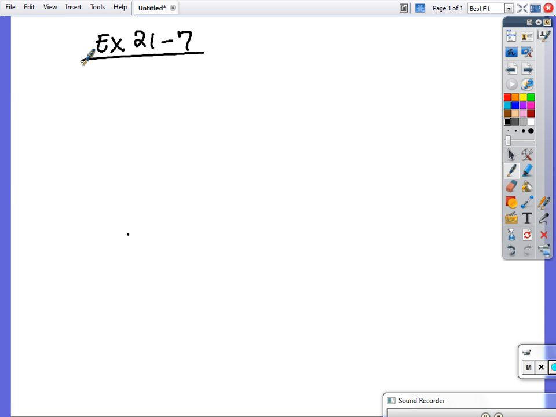And then from there, we take the total cost minus the variable cost per unit. Change in cost divided by change in units.